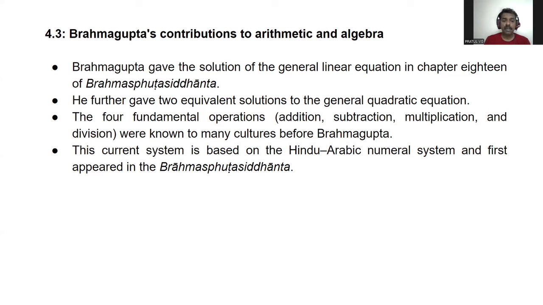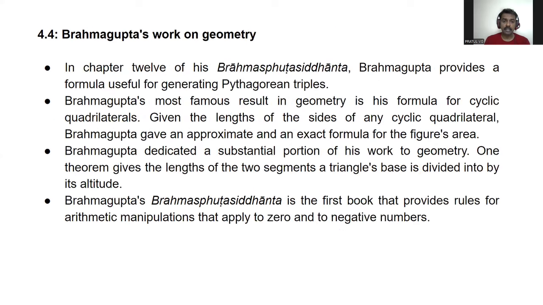The four fundamental operations, namely addition, subtraction, multiplication, and division, were known to many cultures before Brahmagupta. This current system is based on the Hindu-Arabic numeral system and first appeared in Brahma Sphuta Siddhanta.